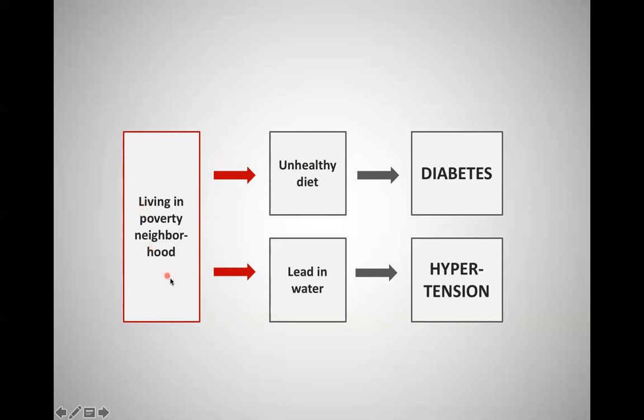And it is also a fundamental social cause that contributes to children's exposure to lead in water or in paint or in water pipes, for example. So here what we have is a fundamental social cause that's operating through two different pathways and leading to two different negative health outcomes, in this case, diabetes and hypertension.